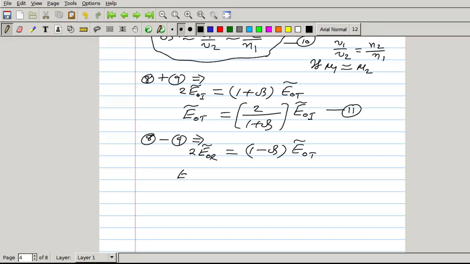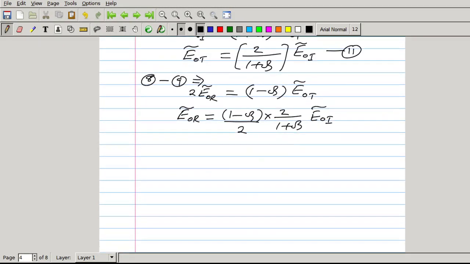Or E0R equal to 1 minus beta by 2 into E0T. What is E0T? E0T is 2 by 1 plus beta E0I.